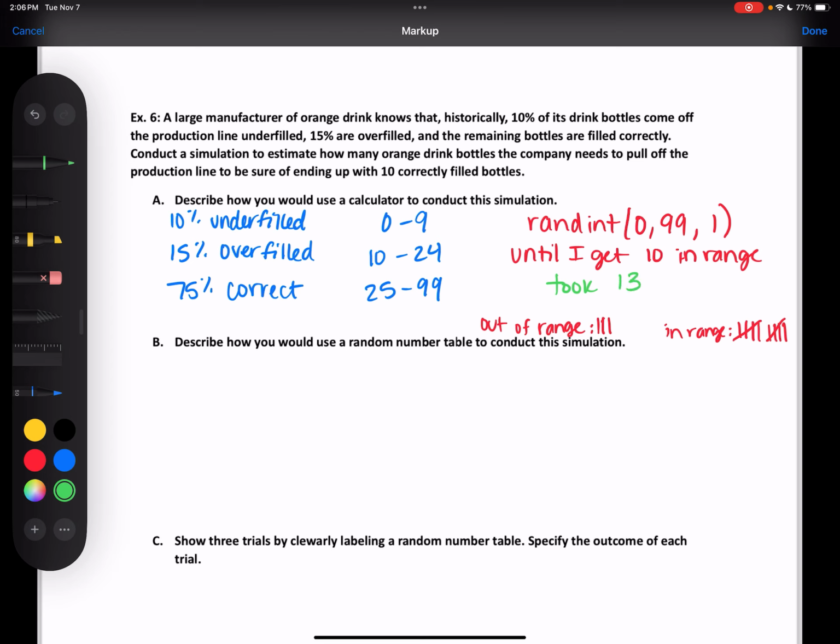And then total up how many total bottles you had to pull until you got 10 that were correctly filled. So for me, it took 13. I had 3 that were not in range and 10 that were.